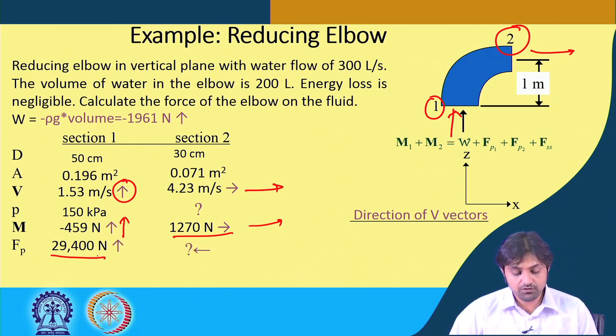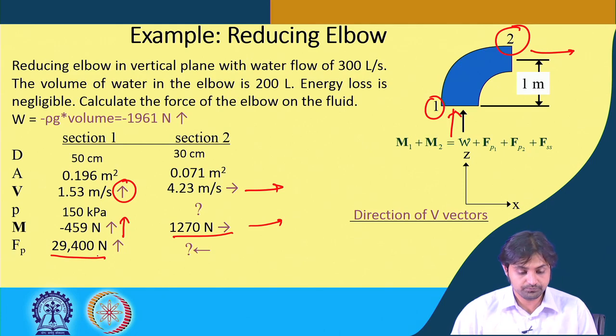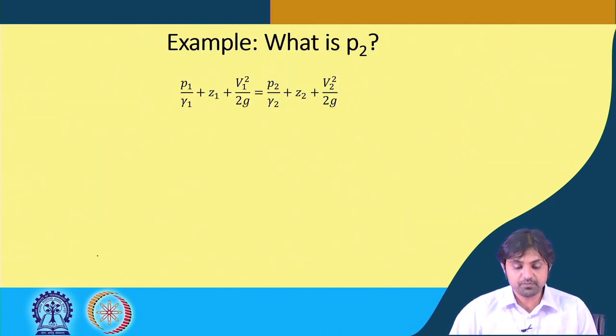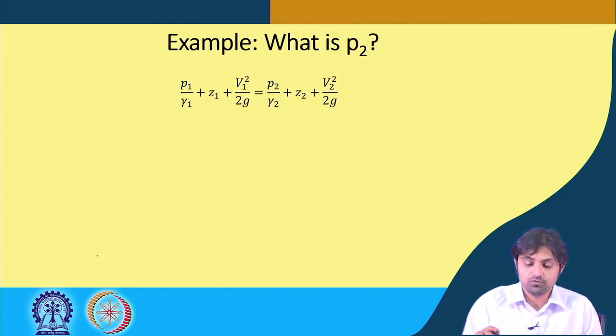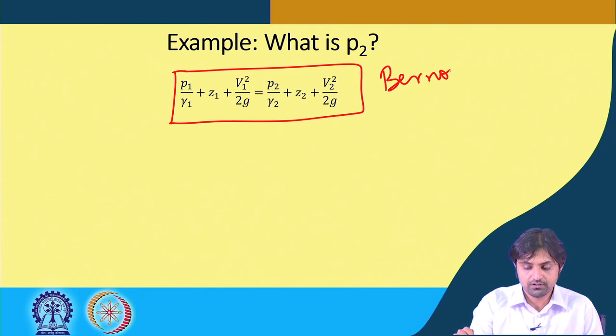Now we have to find out the pressure force here. So that is the problem. What is P2? How do we obtain P2? We can obtain P2 using Bernoulli's equation.